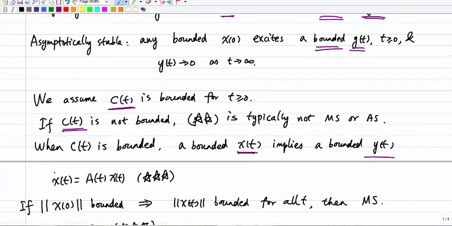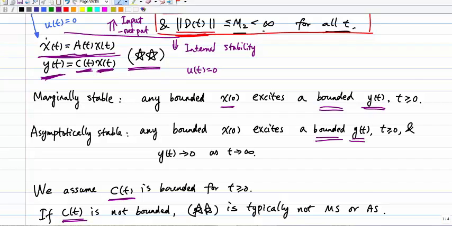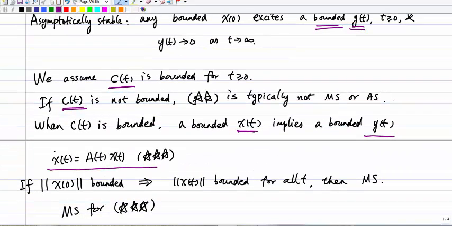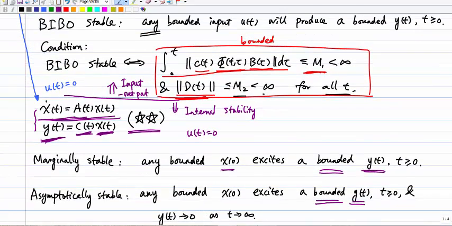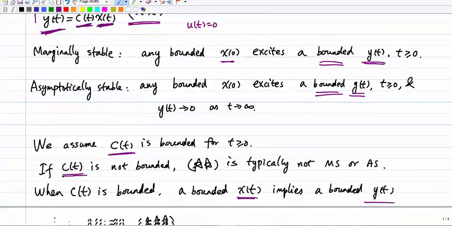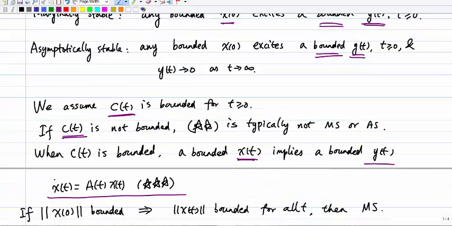Which means we don't have to look at this system. We just have to look at this much simpler system, which is x dot t equals At xt. I denote this as star star star. In other words, the marginal stability for this system and for the original system are equivalent.